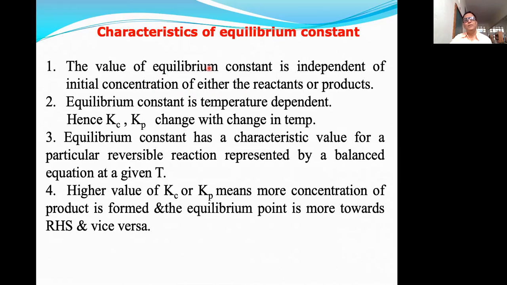The value of equilibrium constant is independent of what? Initial concentration of either the reactants or products. The second point is given as the equilibrium constant is temperature dependent. Hence, Kc, Kp change with change in temperature.